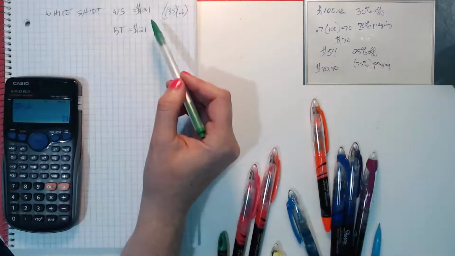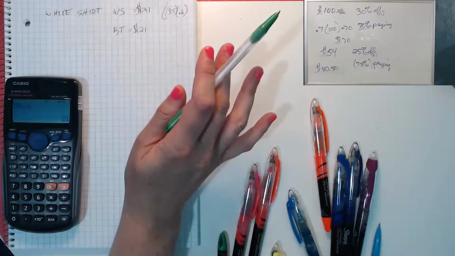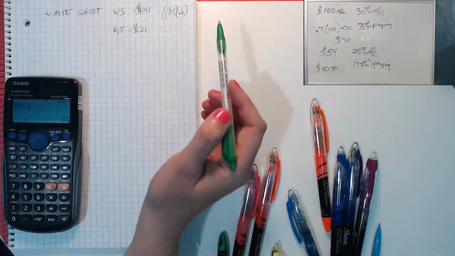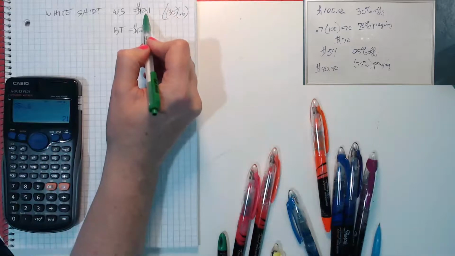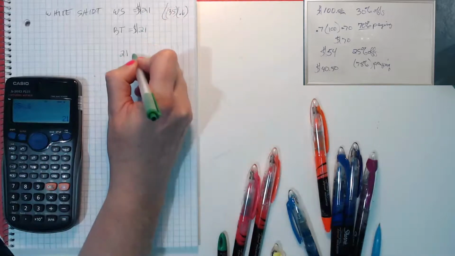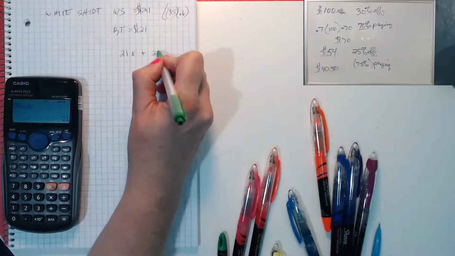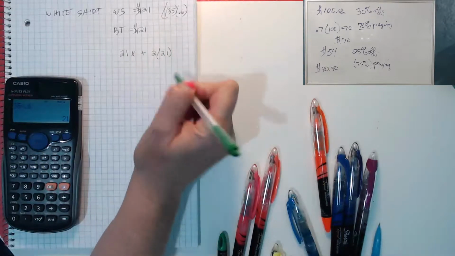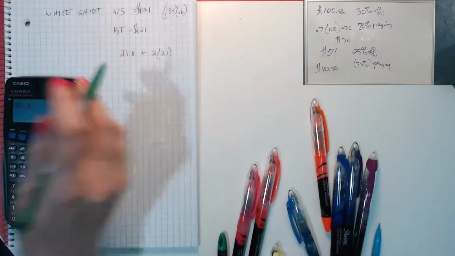Okay. Which of the following represents the total cost, not including tax? That's a little more complicated, but we can still do it. If he buys X of the white shirts and 2 of the blue ties. So X number of white shirts means we're going to do 21 times X plus 2 of the ties.